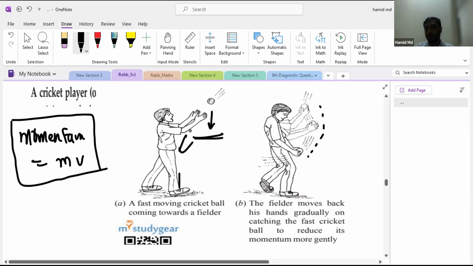Because the ball has some velocity, if you drag it back, the velocity will continue for some time and then it will stop automatically. Some force from our hand, some from there, so it will get cancelled. So this was one of the utilizations of the second law.